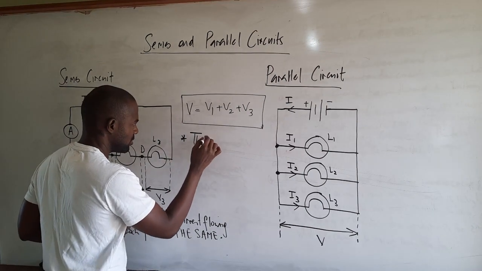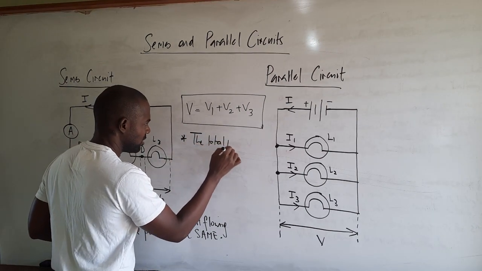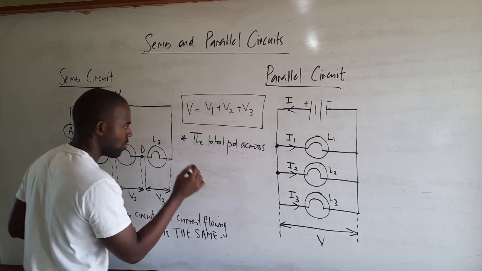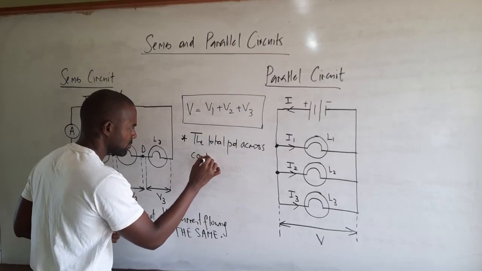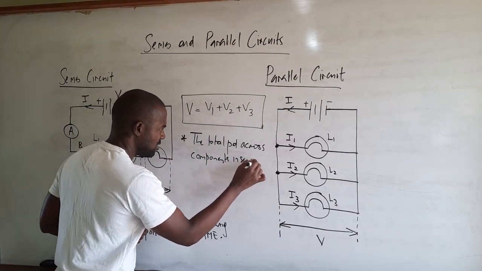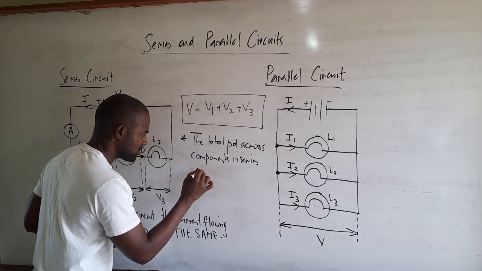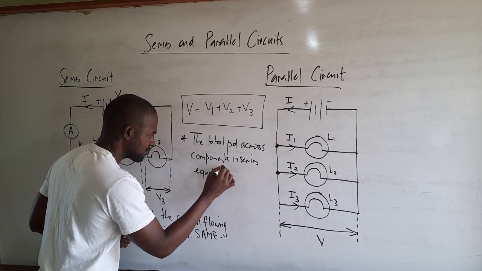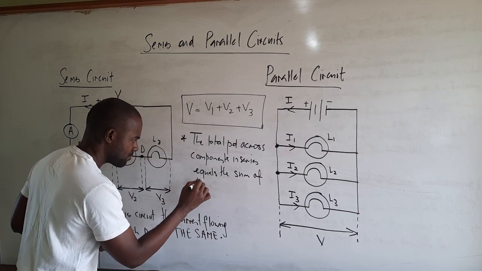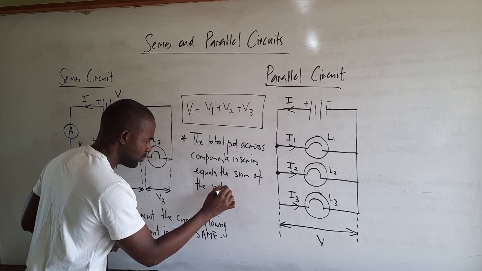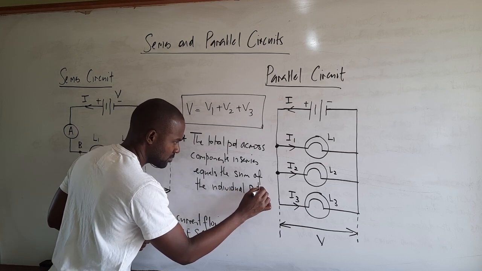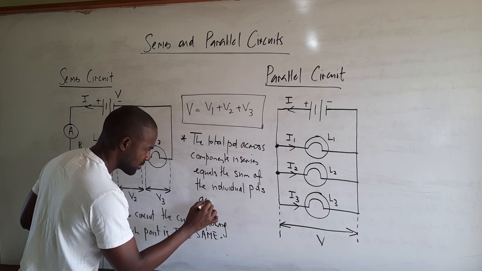The total PD across components in series equals the sum of the individual PDs across each.